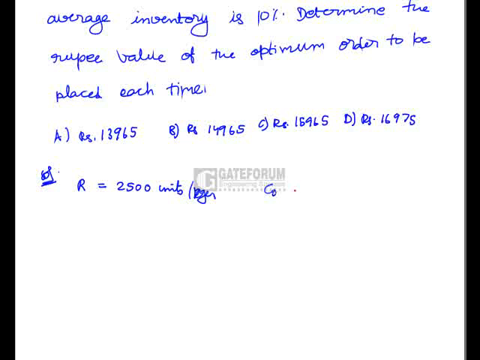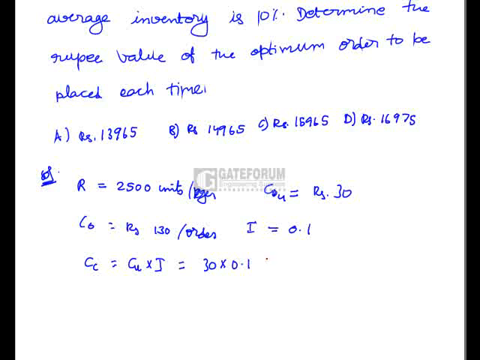So CU is the unit cost, CU is equal to 30 rupees, and the ordering cost is 130 rupees per order, and the carrying cost of average inventory is 10%, that is 0.1. So the carrying cost is equal to CU into I, which is equal to 30 into 0.1. So it is 3 rupees per unit per year.